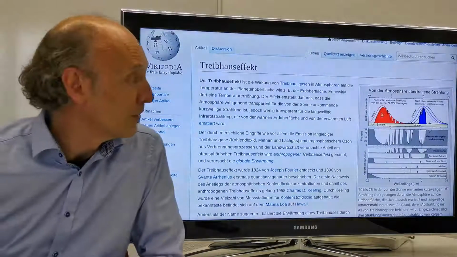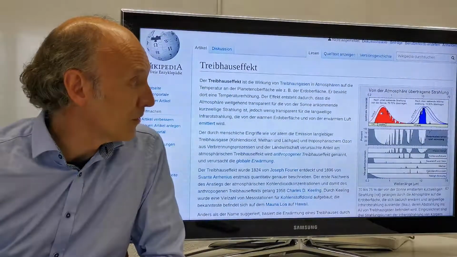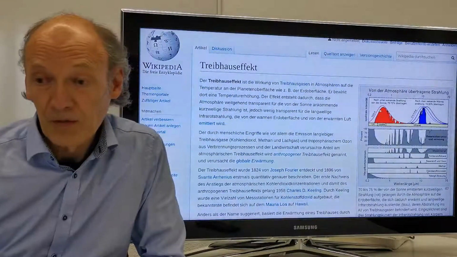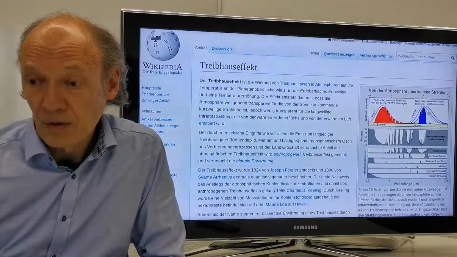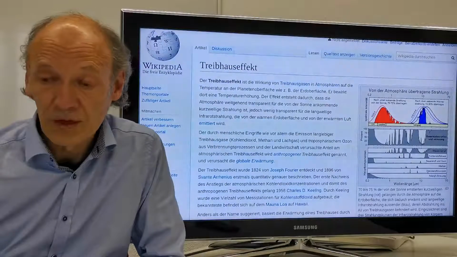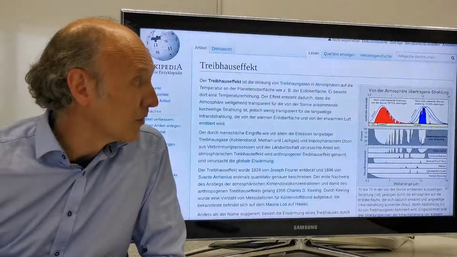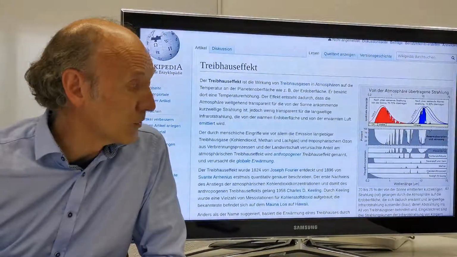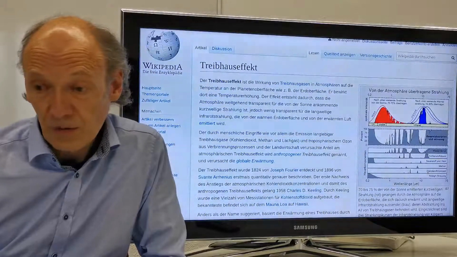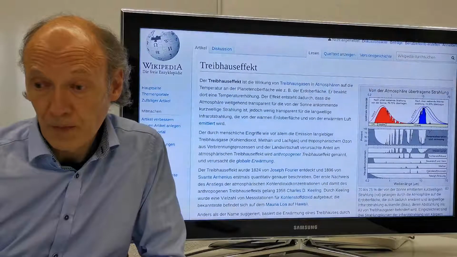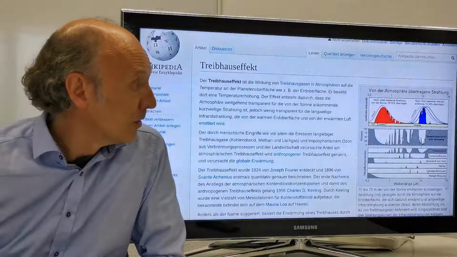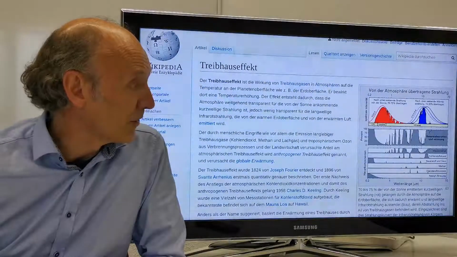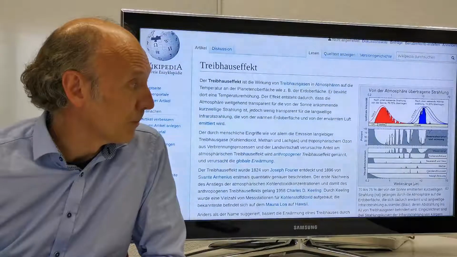So here is the visible range of sunlight, and this is passed by our atmosphere. And this is now the reflected light, the infrared, coming from the warmth of the Earth. And here you can now see the absorption spectra of the entire atmosphere. So here you can see that the visible light is passed by our atmosphere.